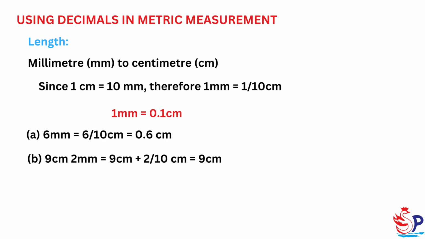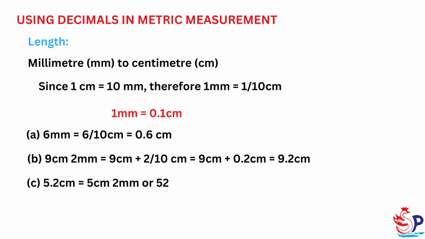B. 9 centimeters 2 millimeters equals 9 centimeters plus 2 divided by 10 centimeters equals 9 centimeters plus 0.2 centimeters equals 9.2 centimeters. C. 5.2 centimeters equals 5 centimeters 2 millimeters or 52 millimeters.